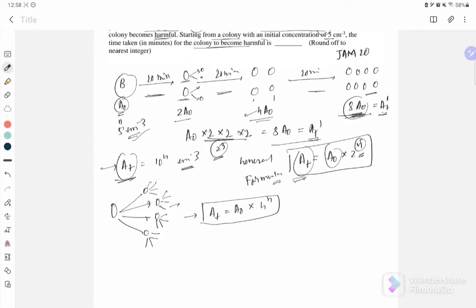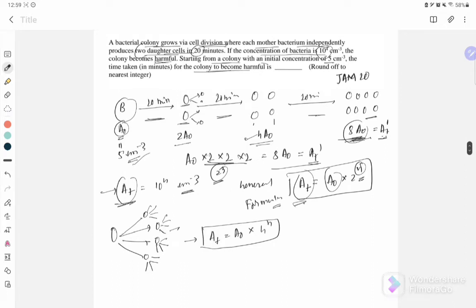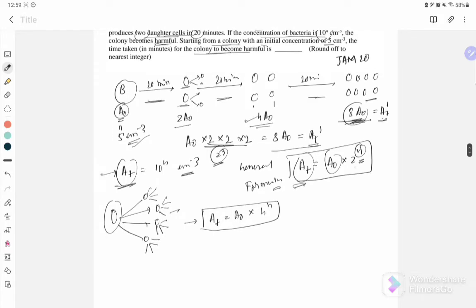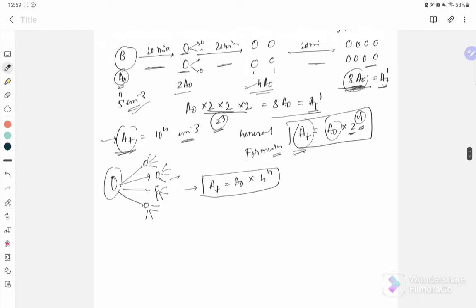The number of daughter cells produced from the mother is the repeating unit. For our case the repeating unit will be 2.